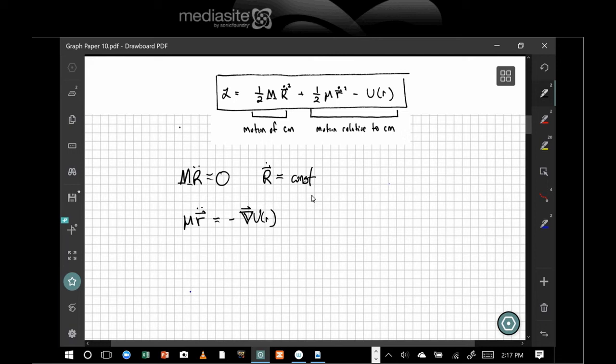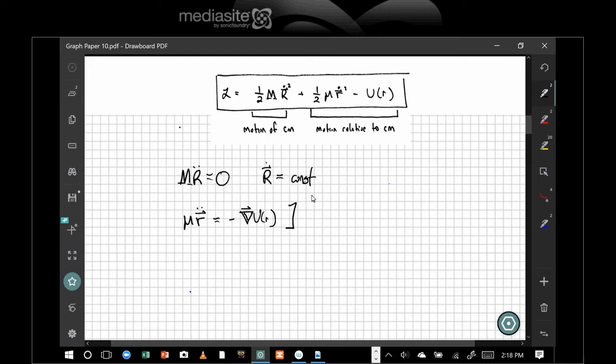Now notice this is a vector equation here, so when I take my derivative, I'm going to have to use a gradient. So it's going to be the gradient of u of r. But this basically says mu, an effective mass, times the relative acceleration between the two is equal to minus the gradient of the central force. So those are my equations of motion.